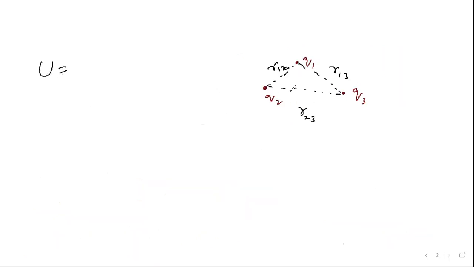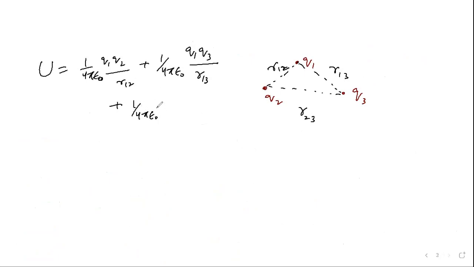The potential energy associated with the system of charges will be given by 1 by 4 pi epsilon naught Q1 Q2 by R12, plus 1 by 4 pi epsilon naught Q1 Q3 by R13, plus 1 by 4 pi epsilon naught Q2 Q3 by R23.